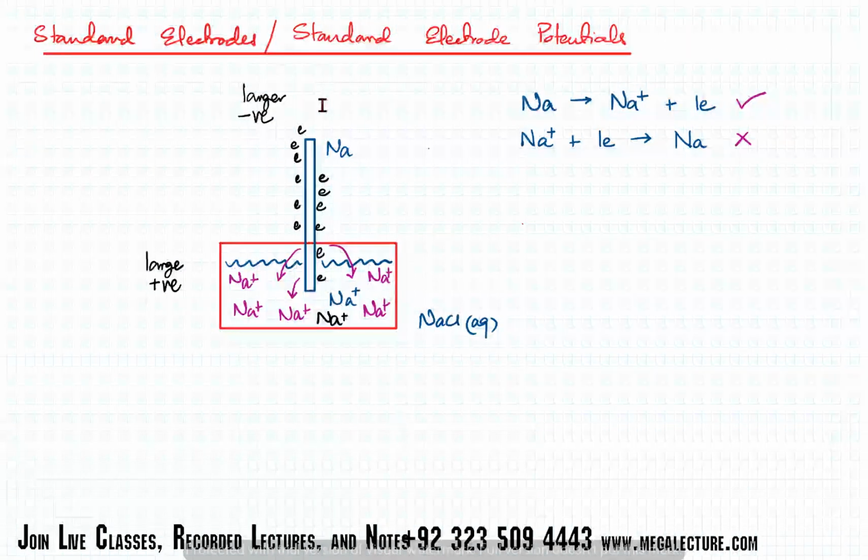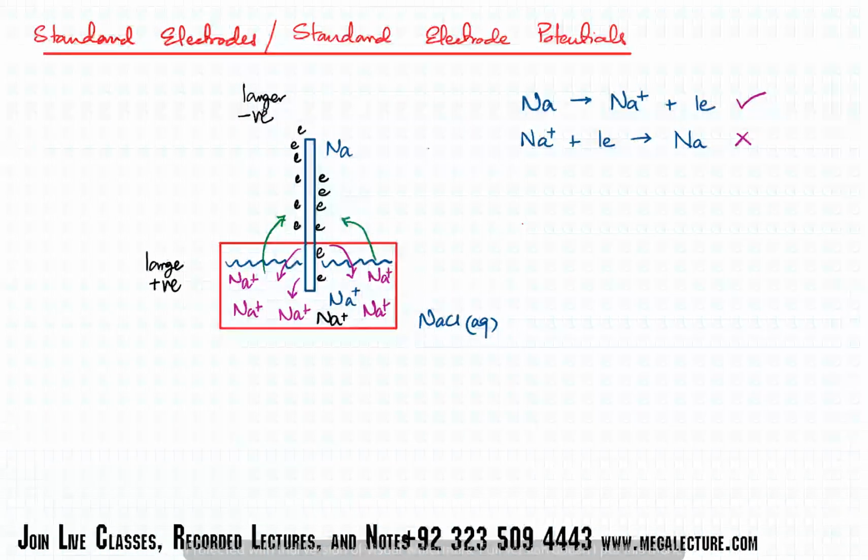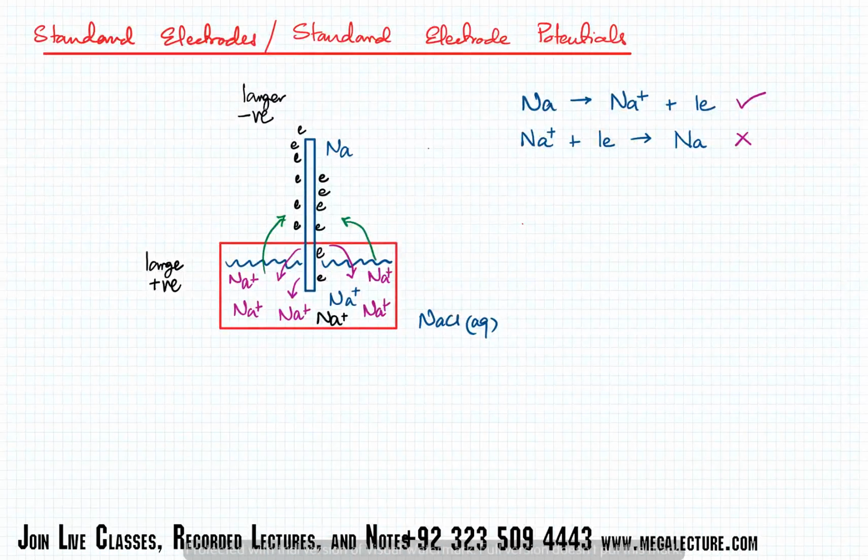There would come a point when so many electrons have accumulated on the metallic rod that the negative charge would be so large that the sodium ions will start getting attracted back to the electrons. So now the second reaction also starts. The opposite reaction also begins.